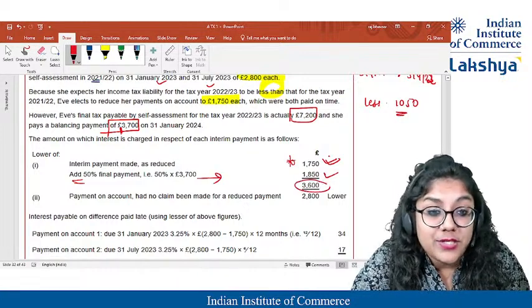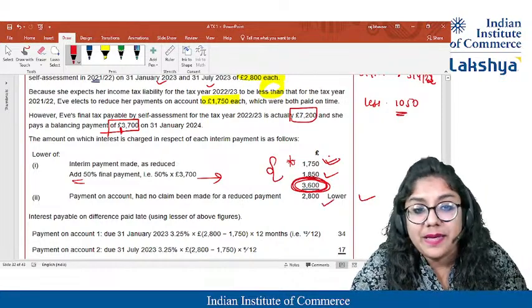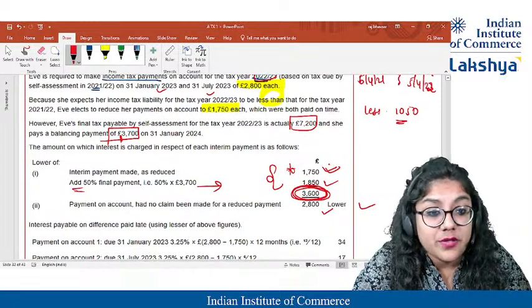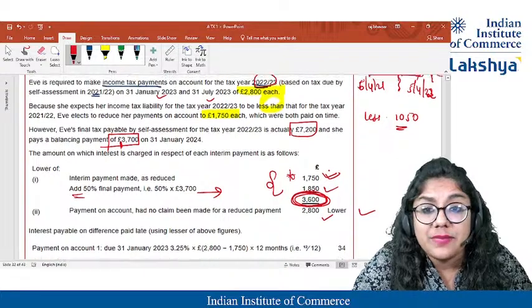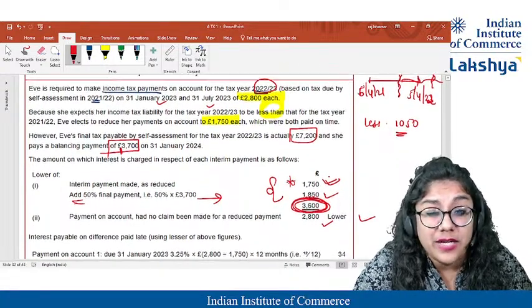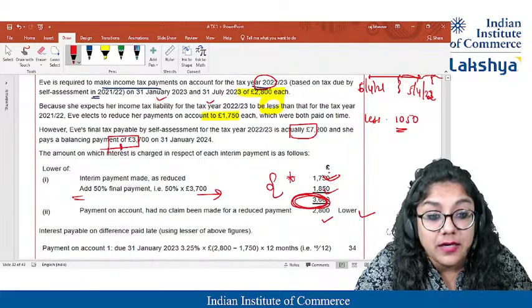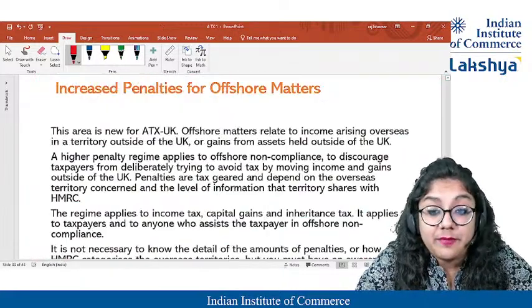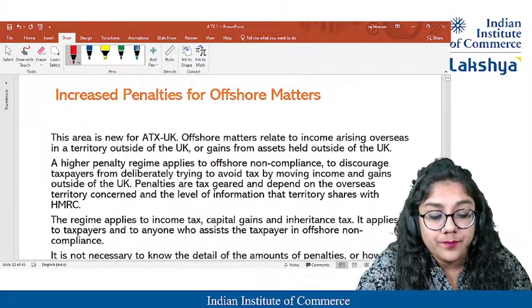So in short, she has paid 3600, and whichever is reduced, so we pay 2800. So if you see, there is a difference of 1050. So how many months has she not paid? Something which she was to pay on 31st Jan 2023, she didn't pay till 31st Jan 2024, for the whole 1 year. So please multiply it with 4 for the whole year.